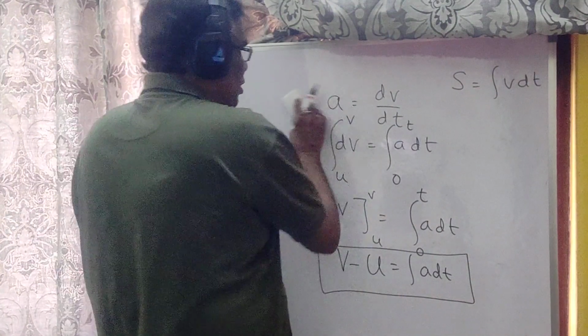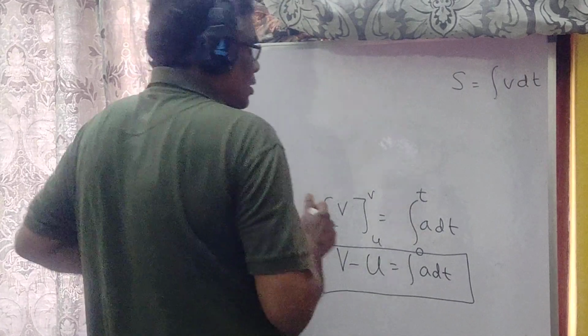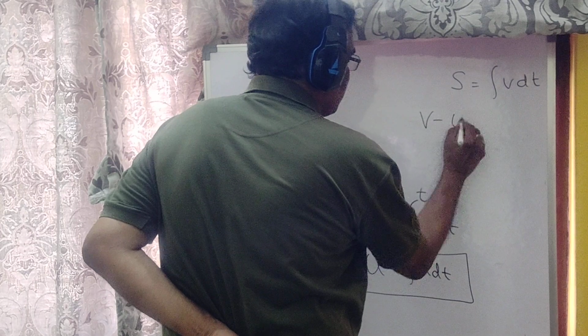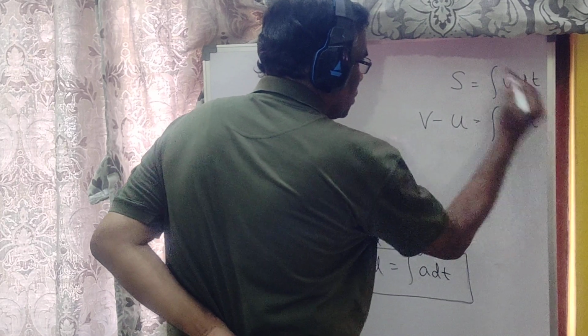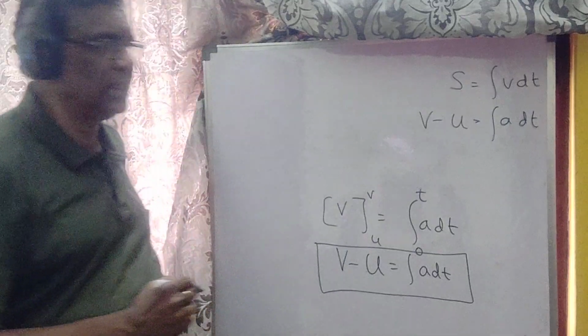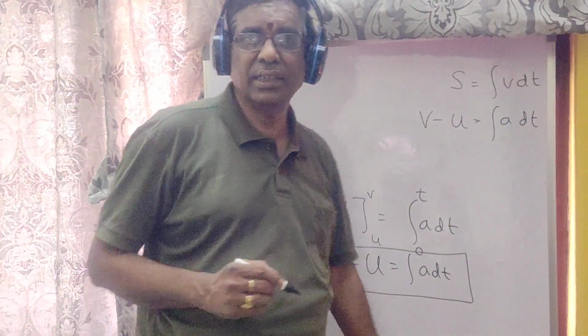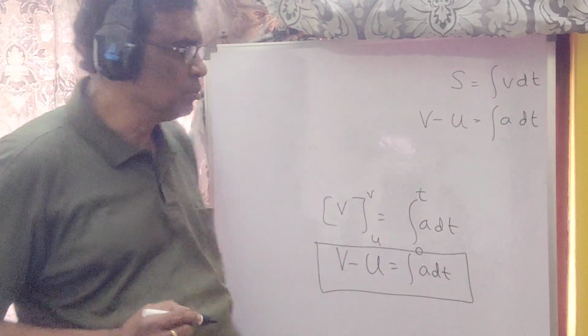Now, why I am complicating the matters is so that you will never ever get a doubt in what formula to use, what formula not to use, etc. So v minus u is equal to integral a dt is another very, very important expression.